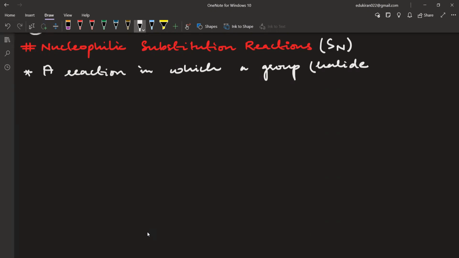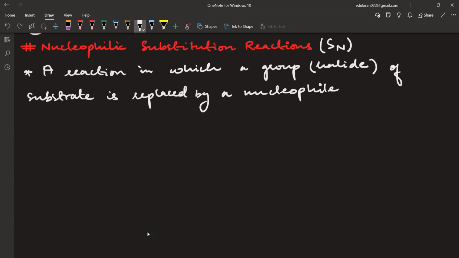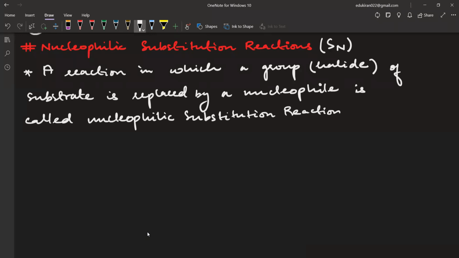What I will be teaching is general nucleophilic substitution reactions, and after that we will talk about the specific reactions of haloalkane.